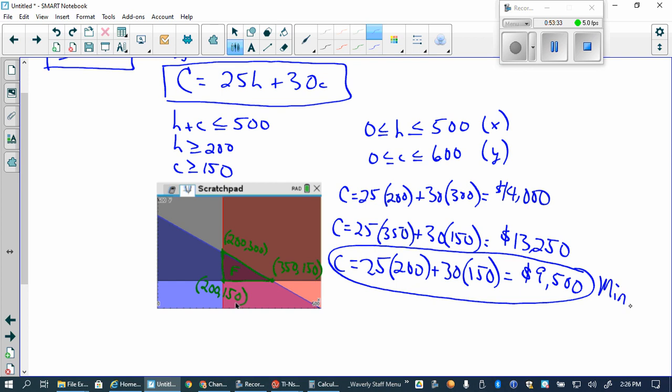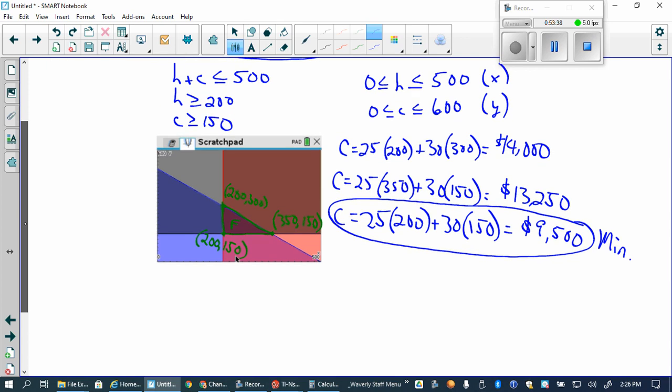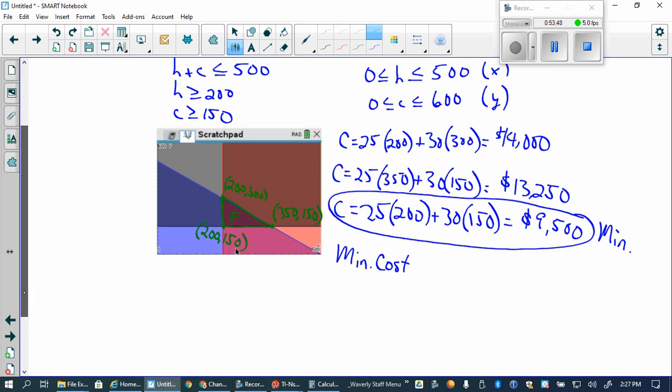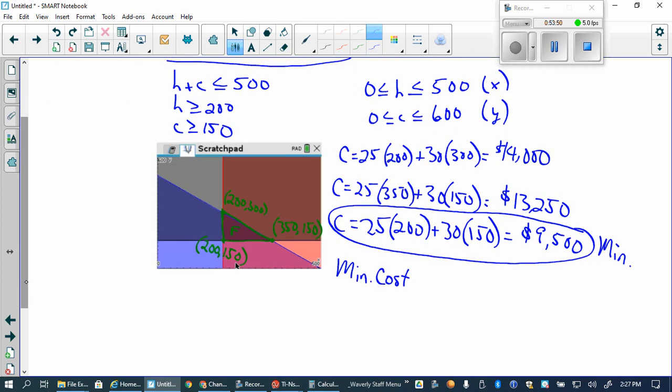So given the constraints, and that being our objective function, we find the minimum cost making 200 hot and 150 cold.